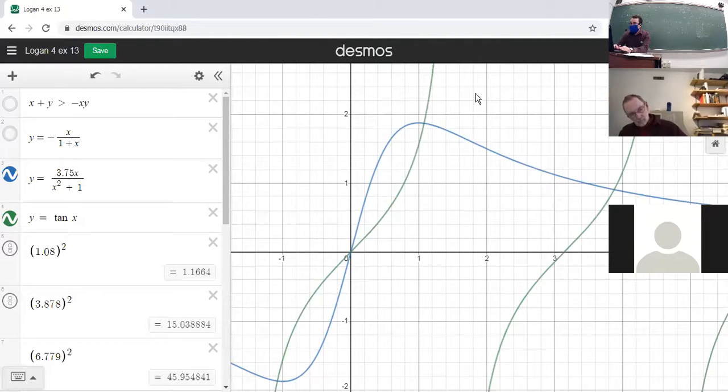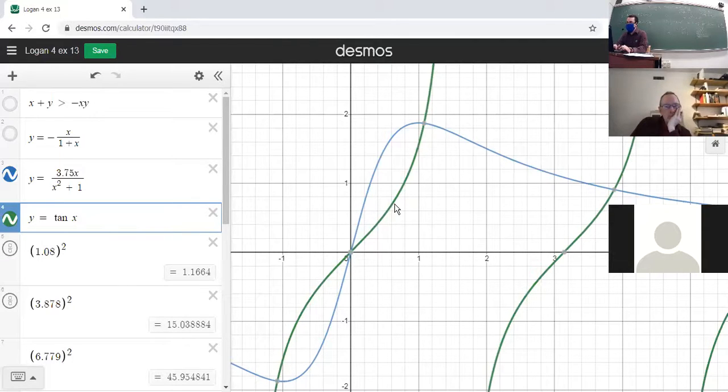At the places where these things intersect, that's your eigenvalues. Because I did this trick of multiplying by x over x, that's an indeterminate form, so it produced this kind of fake zero solution. But the first real solution to the problem is this 1.08.